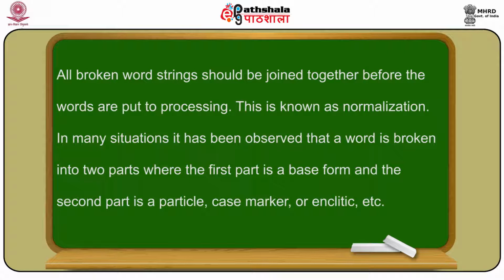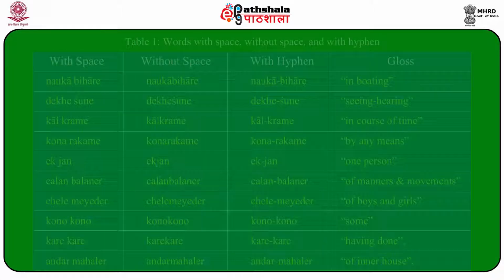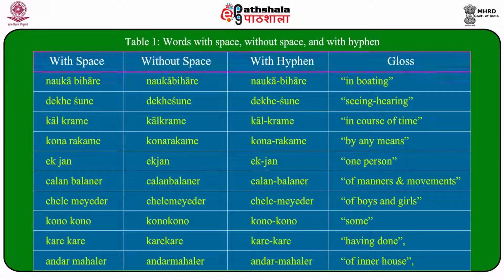So this kind of normalization has been very necessary to make the corpus useful to the target users. There is a huge list I have given here. If you refer to this list, table 1, you can find that many of the words which are written with space should be clubbed together and the space in between them removed. In the reverse way, many words where there is no space need to be given a space.